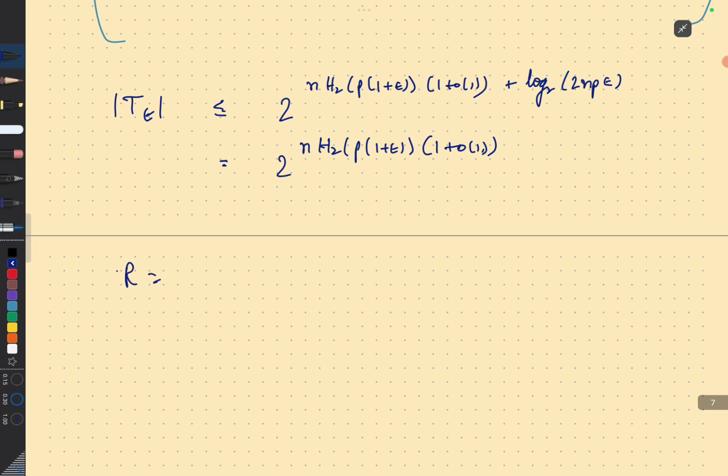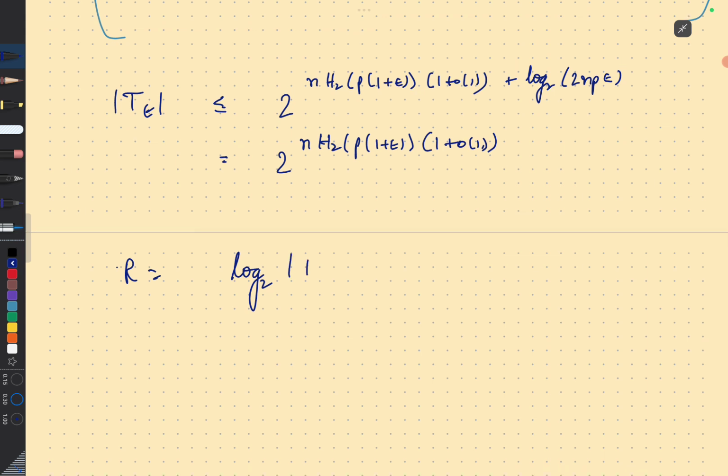So what is the rate? It is k by n, but in this case, since T epsilon has a certain number of elements in it, how many bits do I need to represent the elements in T epsilon? Log of the cardinality of T epsilon. Okay, maybe let's go step by step. So given this T epsilon, how do I construct a compression scheme? Basically, the compression scheme works as follows. You assign a code word for every sequence in T epsilon.